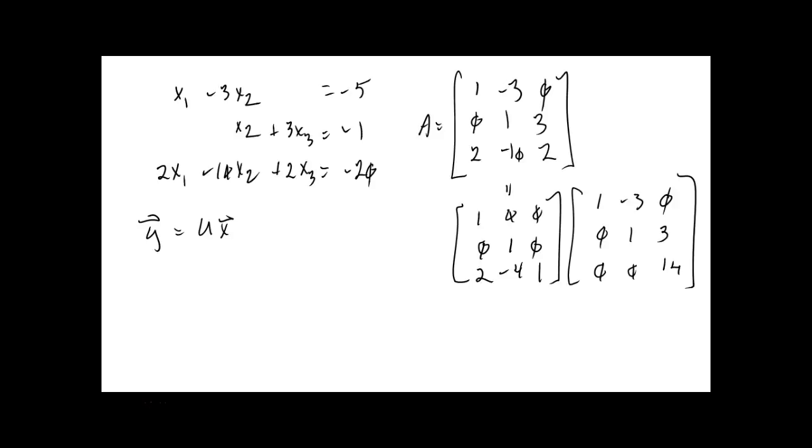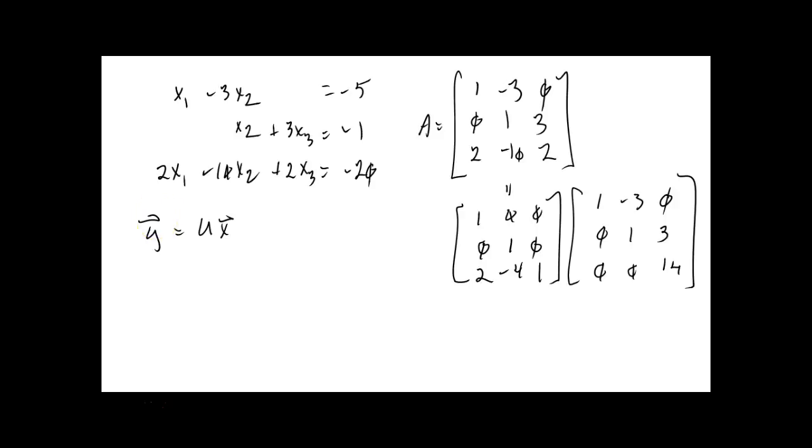We haven't done anything for it. We just say that's what y is, U times x. Now, we're going to solve the following system. And notice, all we did was say y is going to be this. We haven't figured out what it is yet.